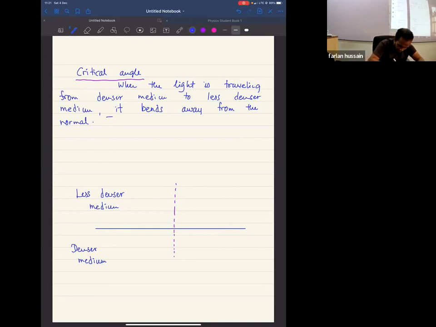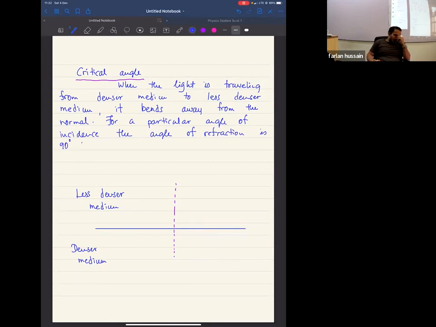For a particular angle of incidence, the angle of refraction is 90 degrees. Full stop.